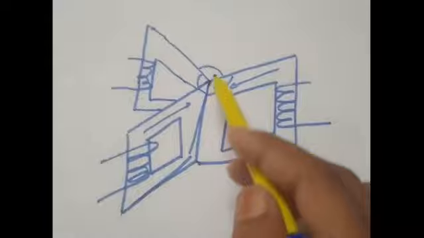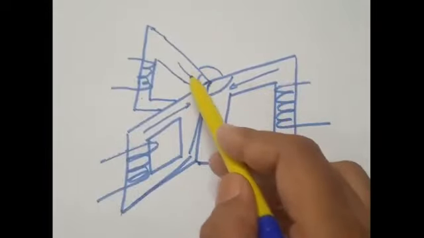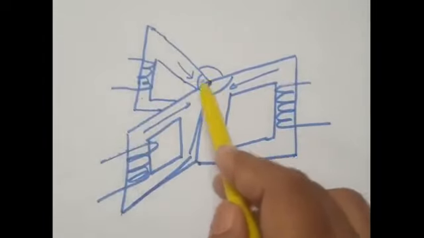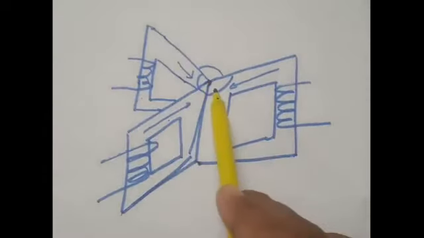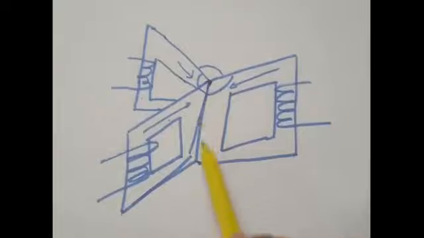As it comes from these three points, the coming magnetic flux passes through the central line. This is how a three-phase transformer can be formed.